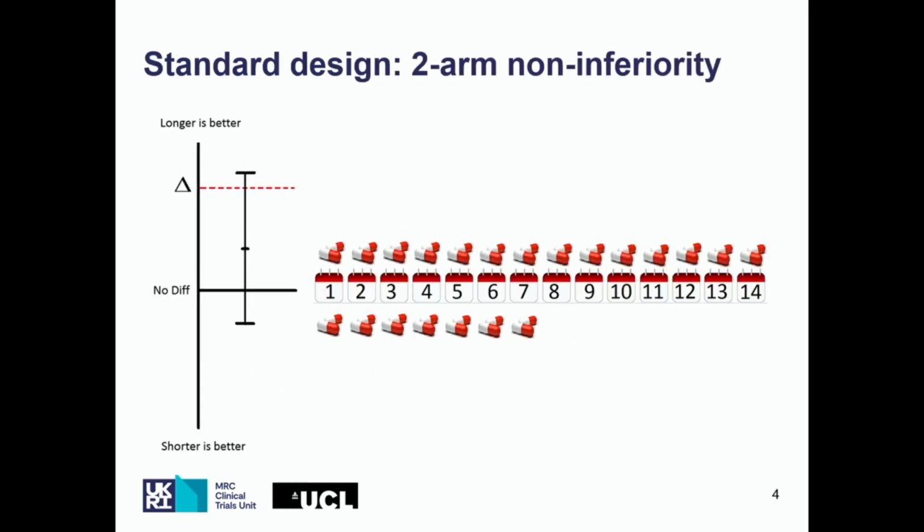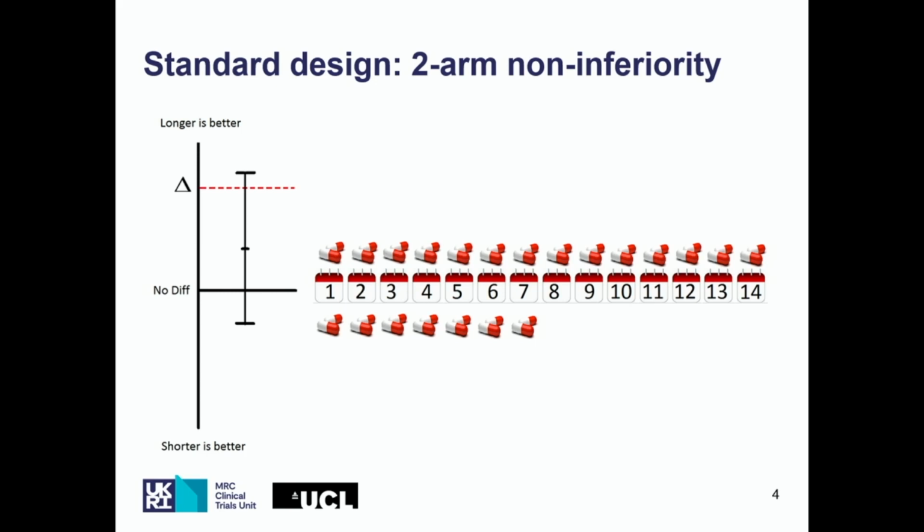Here's a schematic for a standard two-arm non-inferiority trial. Here we're comparing about 14 days of treatment with 7 days. That was our pre-specified comparison. We want our confidence interval to lie below the non-inferiority boundary. We expect that a longer duration of treatment is going to cure more people, but a shorter duration might cure enough people, so we haven't got a big difference, but with all the benefits that come with a shorter duration.